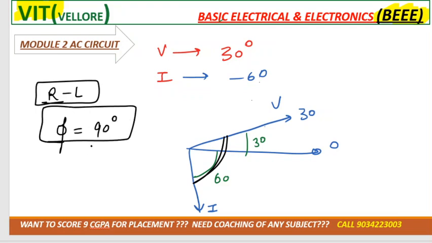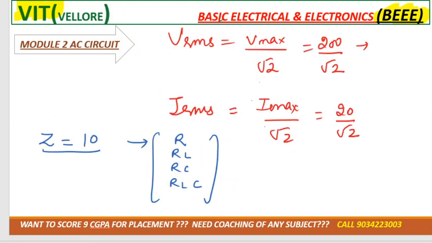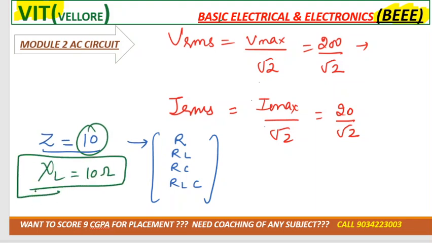So if phi angle is 90, that means no resistance is there. It's the inductive circuit, right? And if it's an inductive circuit, the Z value we got is 10. That is XL is equal to 10. Okay, clear?